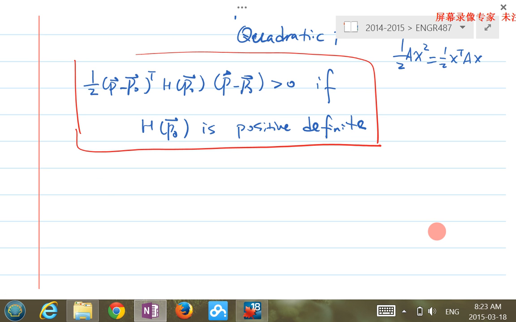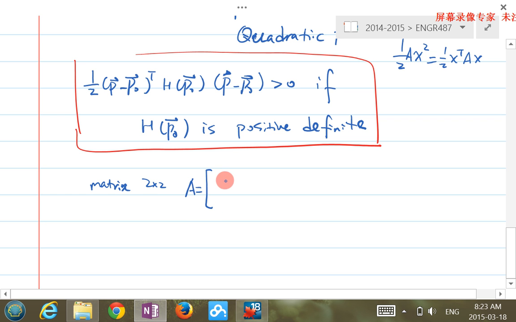So let's say I have a matrix of 2 by 2, a matrix A. Maybe we should write it this way: let's say this is a symmetric matrix, so A, B, B, C here, symmetric.